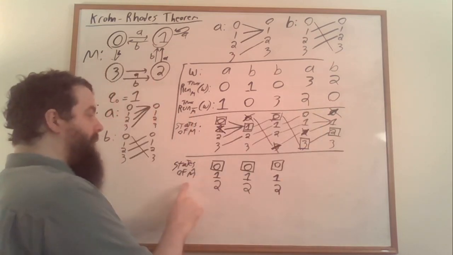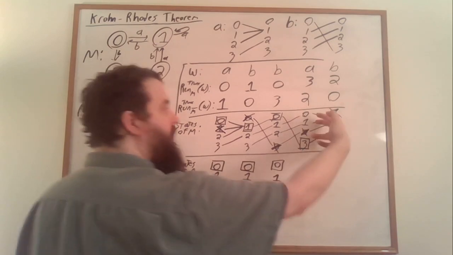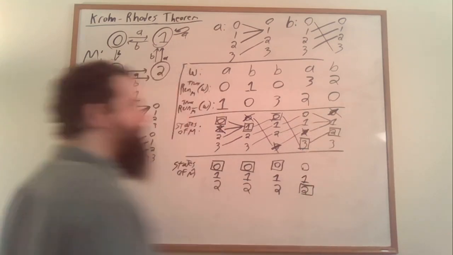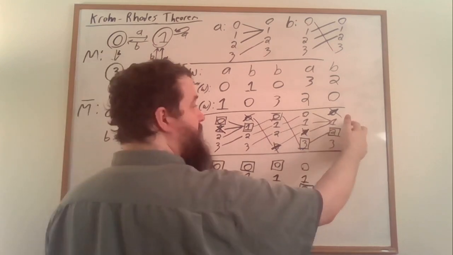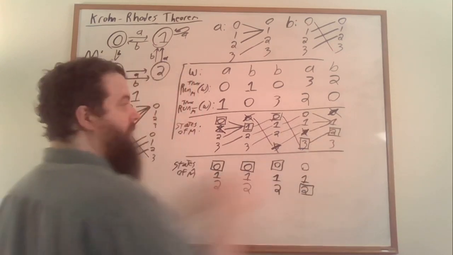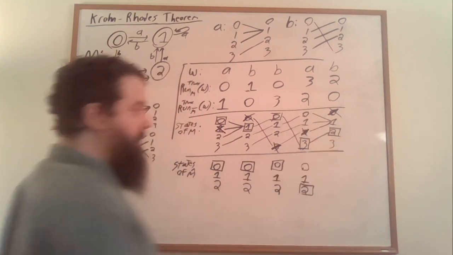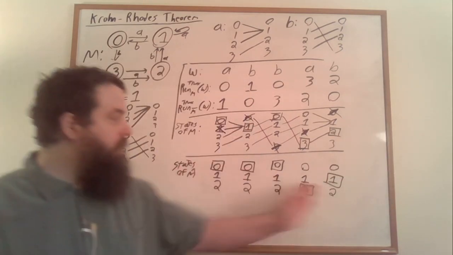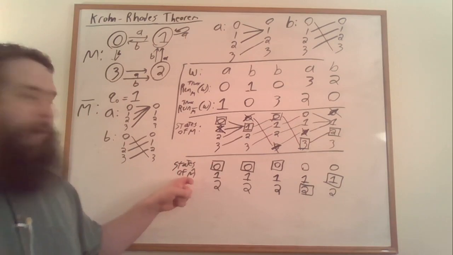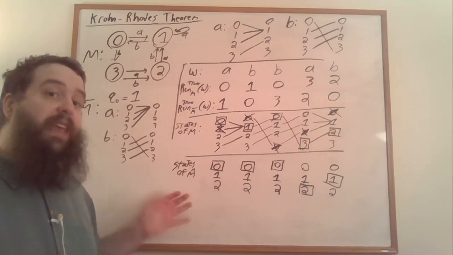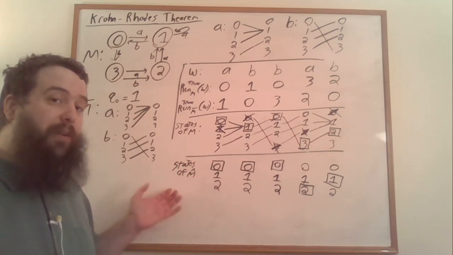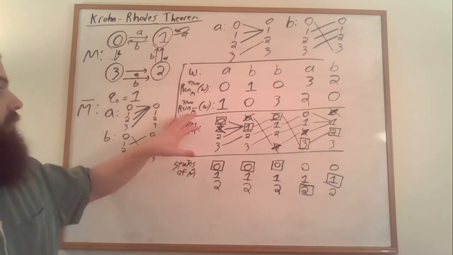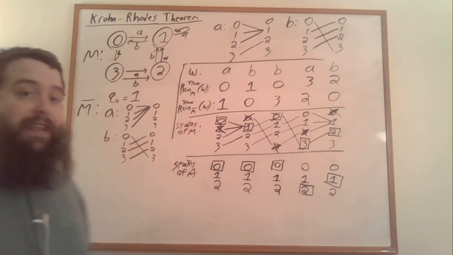We're going to want M hat to be in the last of its 3 states. And then at this last moment of time, we're going to want M hat to be in the middle of its 3 states. So this is the desired run for our M hat automaton, the n-1 state automaton that keeps track of the rest of the information that M bar does not keep track of.